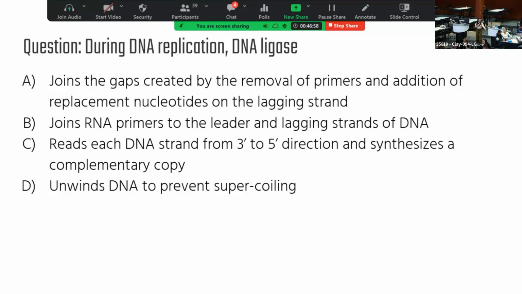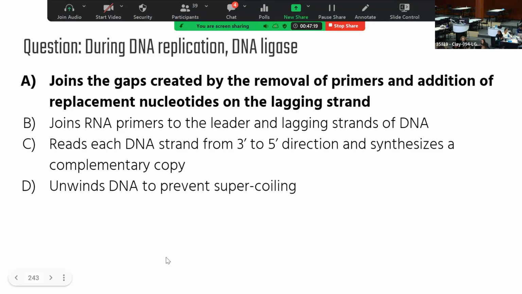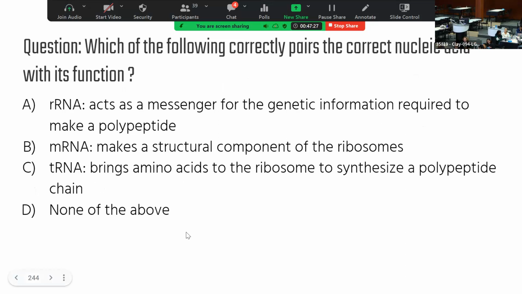Someone from this table want to give me an answer? Yes, that's correct. So A is the correct answer for that one there. It joins the gaps created by the removal of primers and addition of replacement nucleotides on the lagging strand as well. Yep, lovely. Okay, moving on to the next one then.